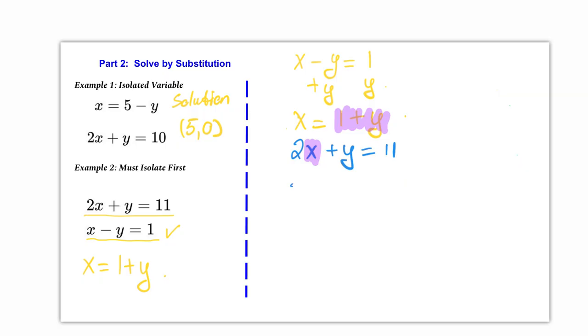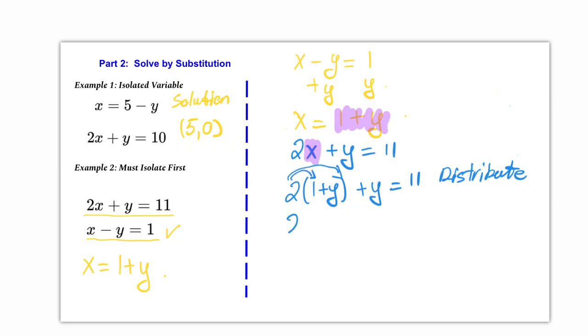All right, so that means 2 times 1 plus y, and then plus y equals 11. Okay, again, what we're doing is distribution. So that means 2 times 1 and 2 times y. So that's going to be 2 plus 2y plus y equals 11.